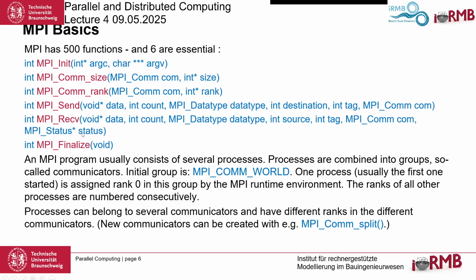Okay. Then when we are done with our program, we have to close the world down, which is done by MPI finalize, and this just takes void. So then we are done. These are the minimal set of functions that we need to do MPI.